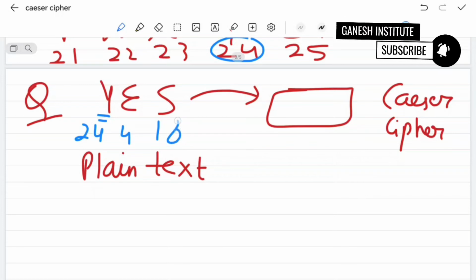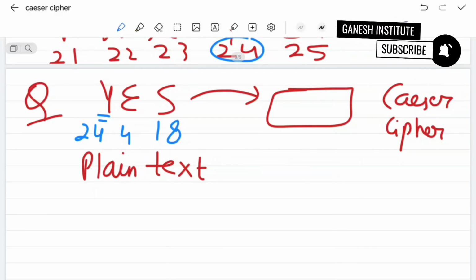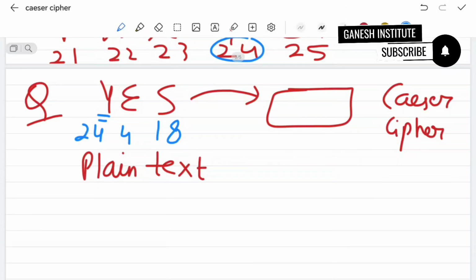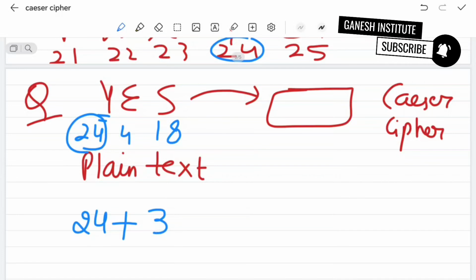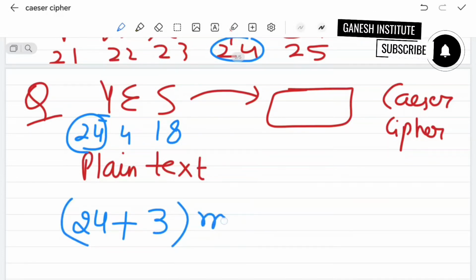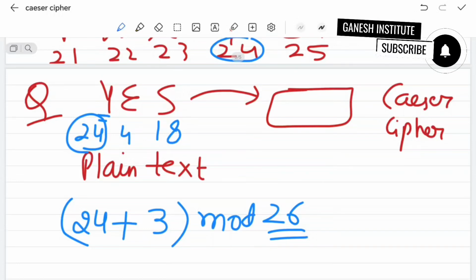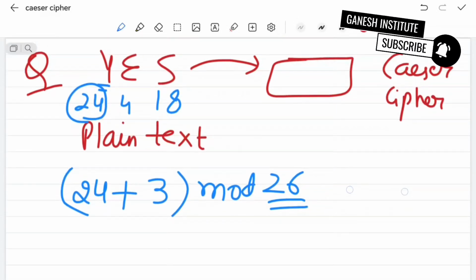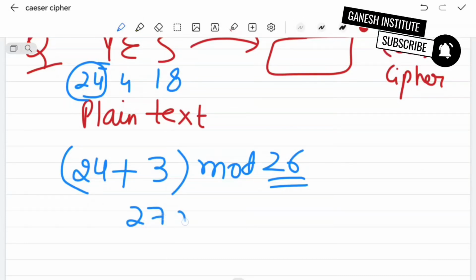Now in order to get your Caesar cipher, take this number, shift it by 3 places, that means plus 3, and take modulo 26. Why modulo 26? Because there are 26 alphabets. So it becomes 24 plus 3, 27 modulo 26.